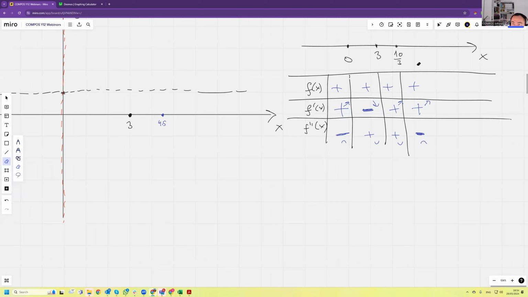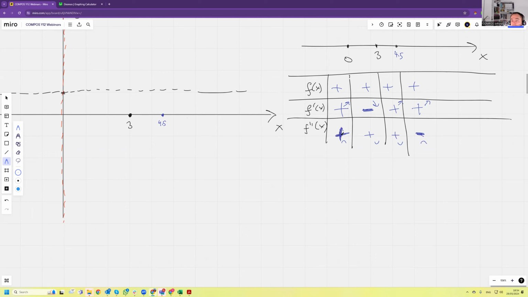And here, negative, positive, positive, positive. Yeah. Okay, perfect. There are no inflection points here. Okay, good.